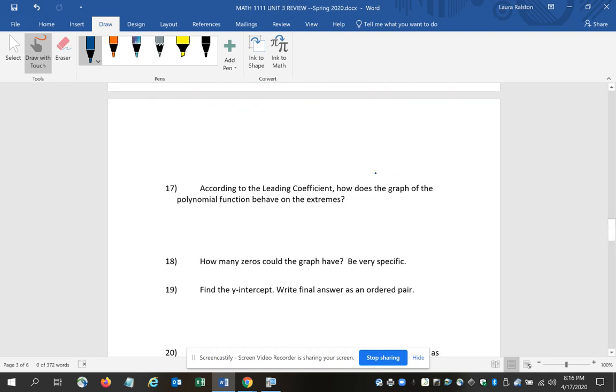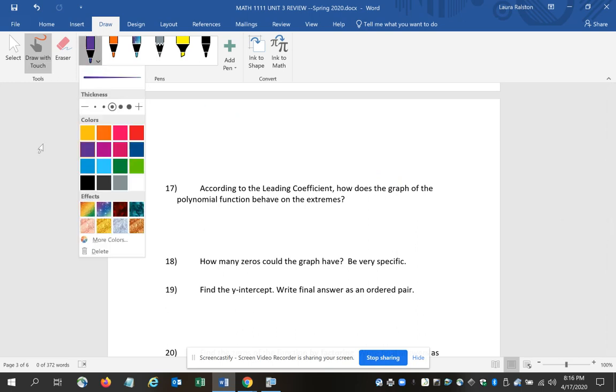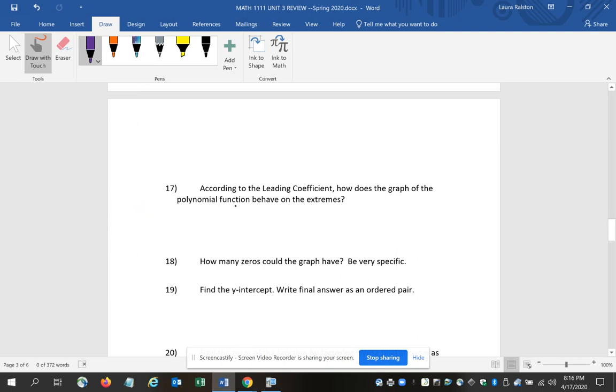Okay, then we're going to use those two pieces of information that we just collected to answer question 17. Question 17 says, according to the leading coefficient test, how does the graph behave on the extremes? This is a question about the end behavior. If you go back and look at your notes, there were 4 different options. You have to pay attention to whether the degree is even or odd.